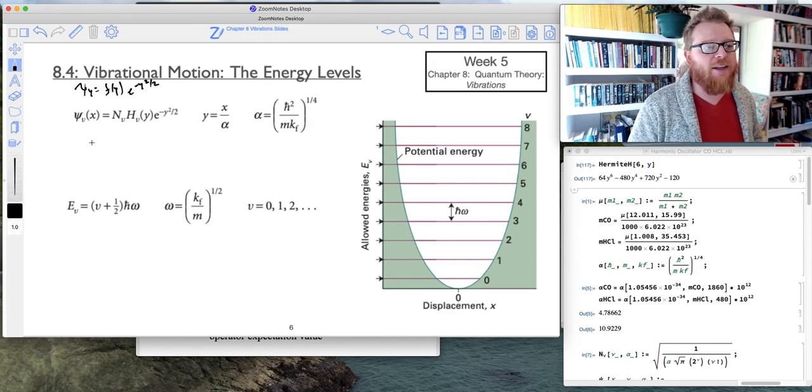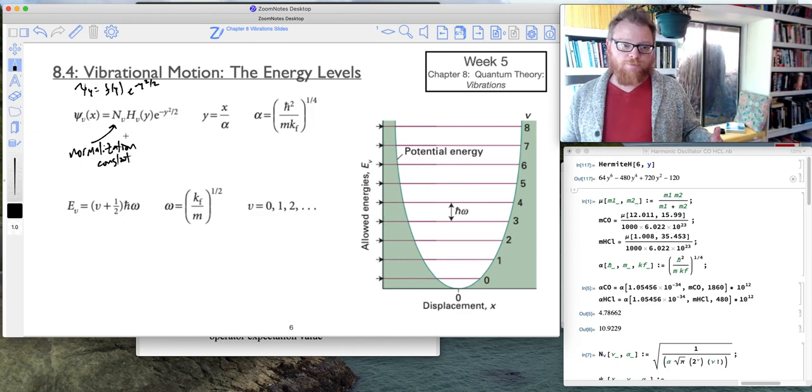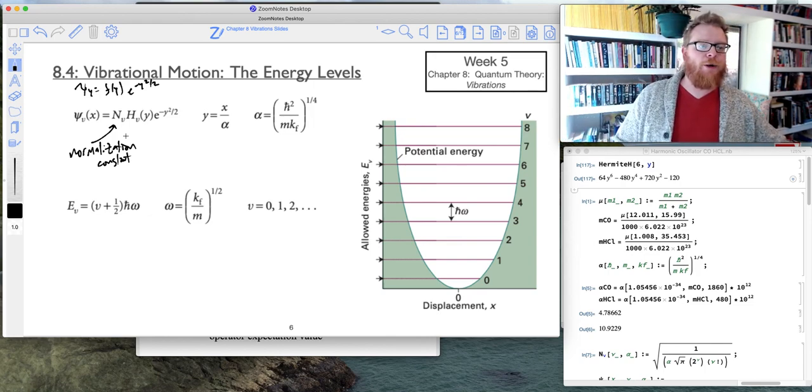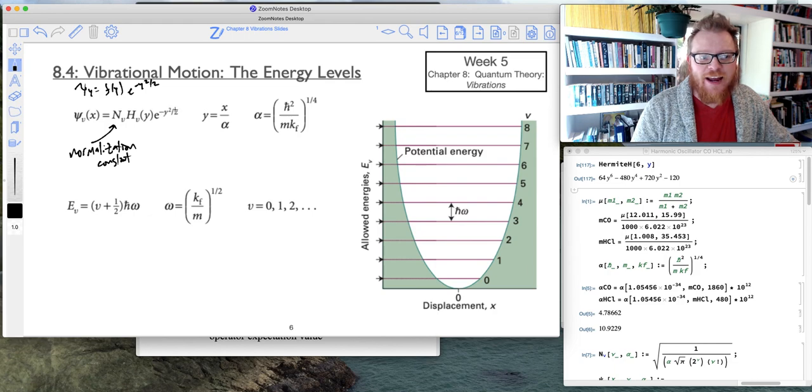And then finally, we've got a to-be-determined normalization constant that, as it turns out, is going to be also a function of quantum number nu. Okay, so now what I want to show you really quick here, this gets kind of confusing because here you see this is written as psi of x, but now we have this written as h of y, but now this is written as e to the negative y squared divided by 2.